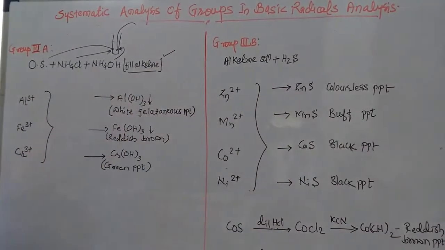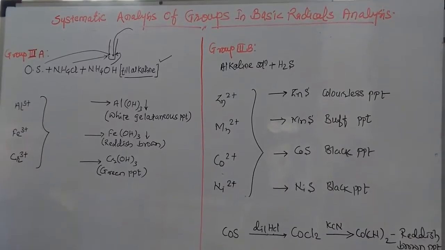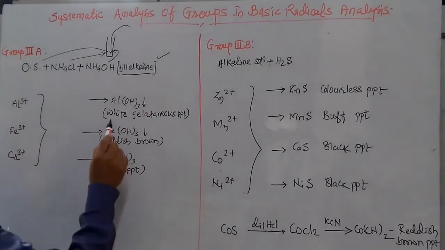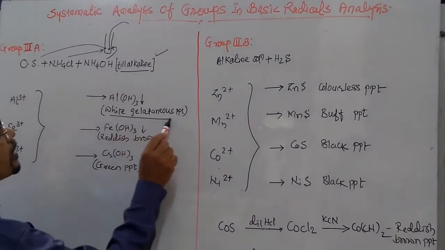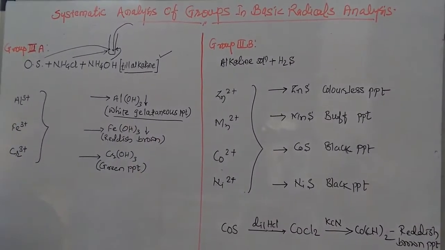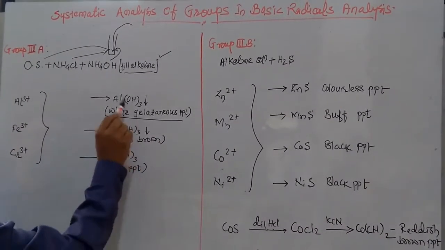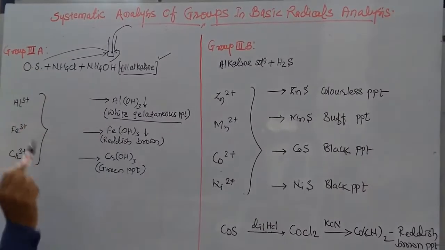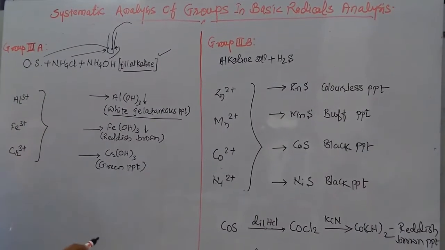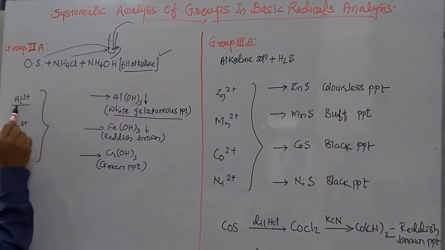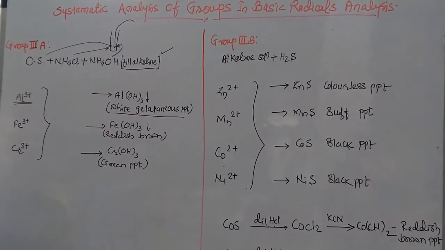So when this alkaline solution is formed, if there is a formation of white gelatinous precipitate, that indicates the given original solution of mixture contains Al3+ radical.